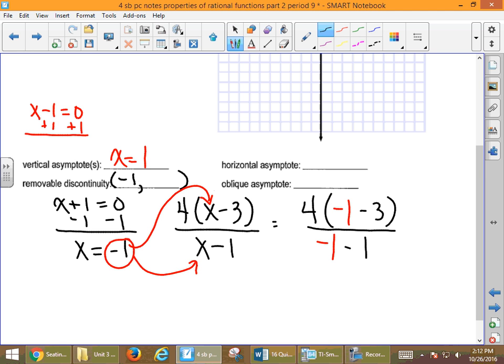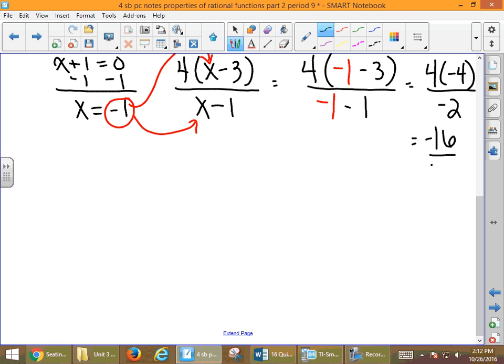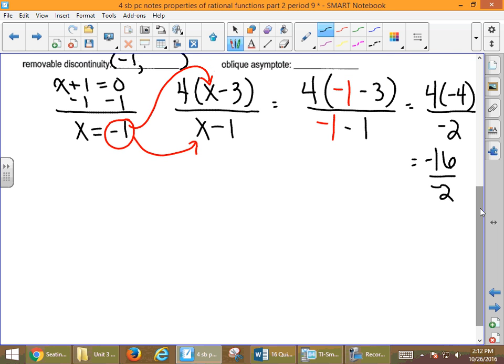And if we simplify that, we get 4 times negative 4 divided by negative 2. And 4 times negative 4 is negative 16 divided by negative 2. And negative 16 divided by negative 2 is 8.